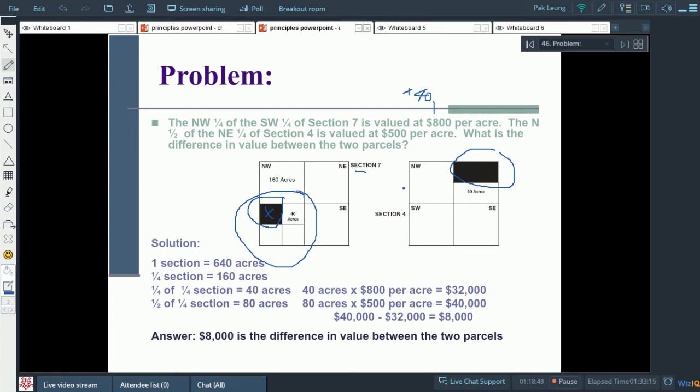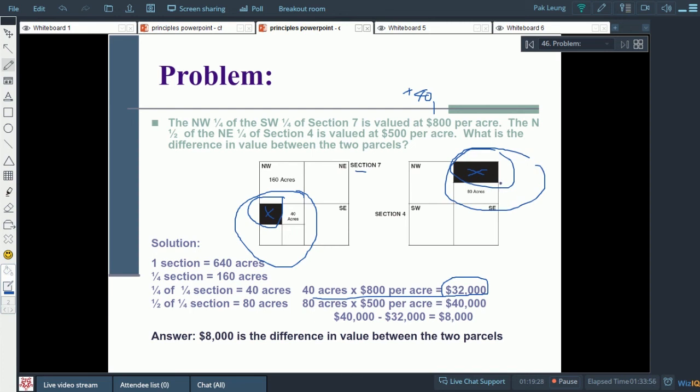So right there, you times it by 40. 所以呢，它讲西北1/4的西北跟那个西南1/4 Section 7就是这一块，80块乘40个英亩等于多少钱？So it's this one here, right? 32000, 32,000. That's what it means.